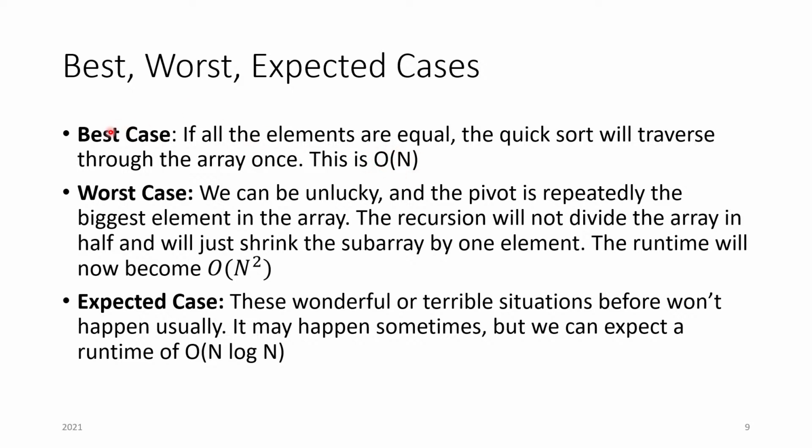In the best case. The worst case is that we don't traverse the array once, and each time when we choose the pivot, it's always going to be the biggest element in the array. And we will never get that nice division of elements across the pivot.